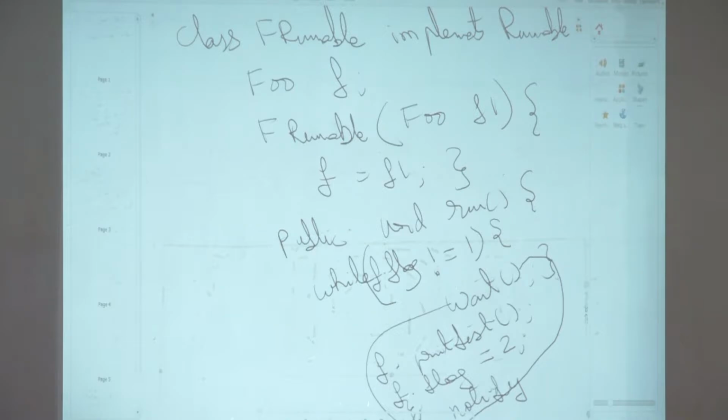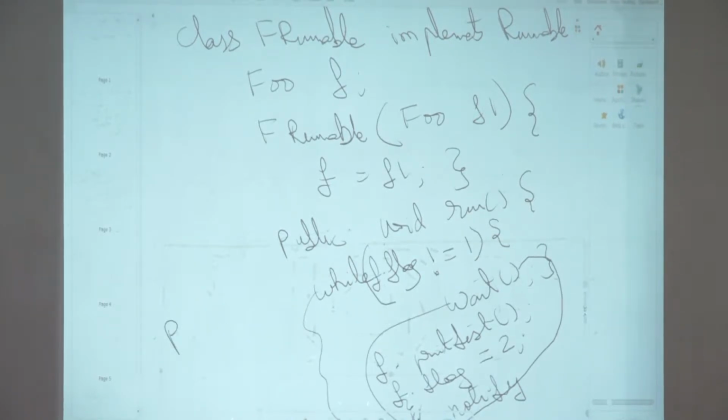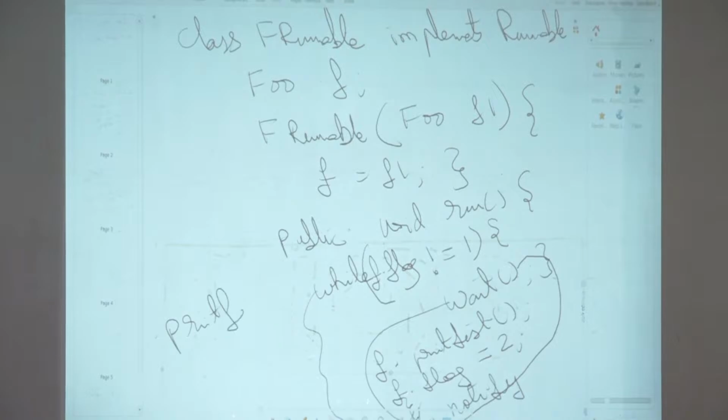So I should be doing this, but I should not be putting this code here. So I should shift this code to print first. So instead of doing all this in the run method, I should say just print first, and in print first I should do all this, because that is a shared object. So I should not put code here.